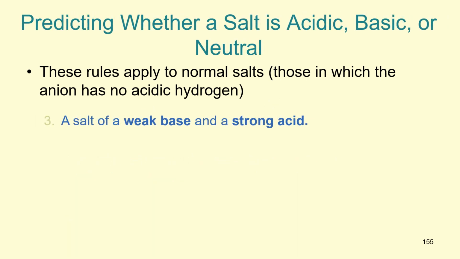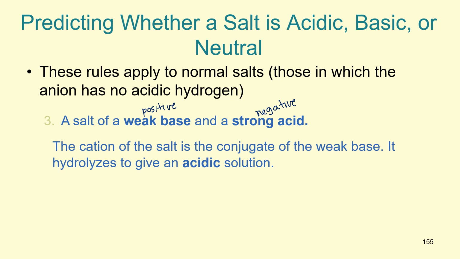So clearly, if the positive ion comes from a weak base, so it's not one of those 6, and the negative ion is one of the 6 strong acids, then it's going to be acidic because the positive ion is going to be hydrolyzable.